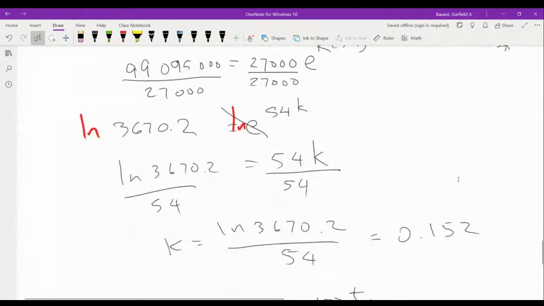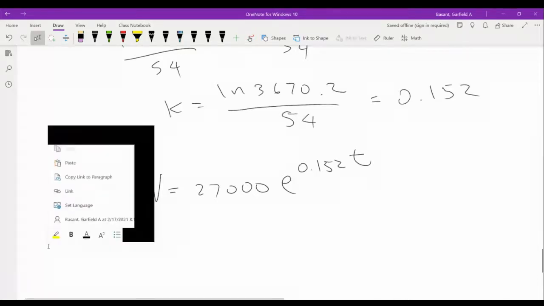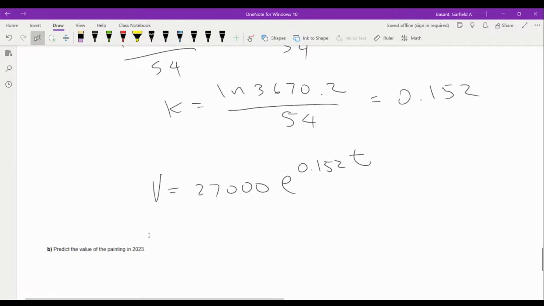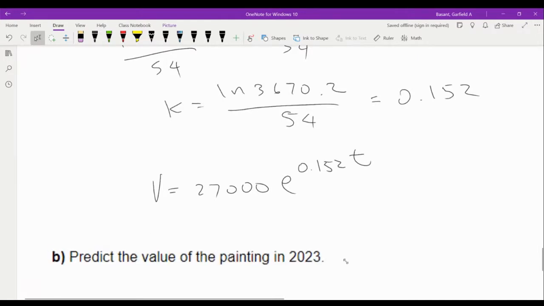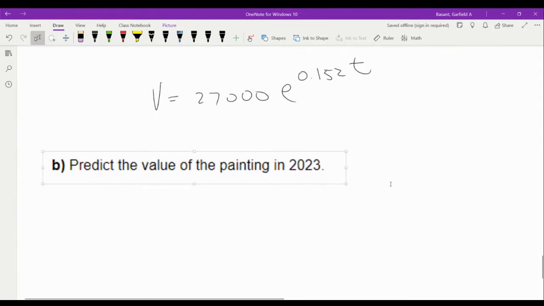So part A in itself had two parts. Let's look at part B of this question. So here it's asking us to predict the value in 2023.